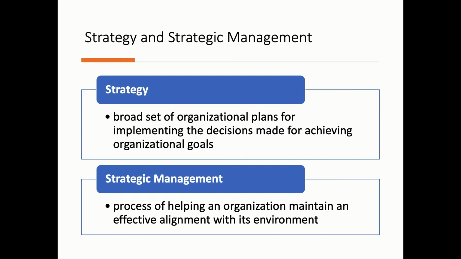Strategic management then takes this broad set of organizational plans, holds it up to the bright, raw reality of who you are as an organization within your environmental context. And then makes sure that you are still moving toward accomplishing your strategic plans in the environment you actually have.